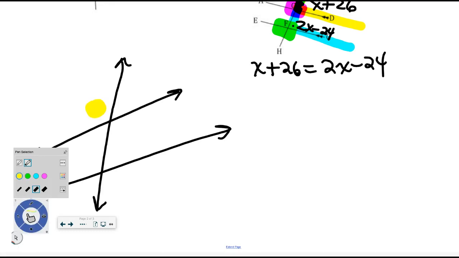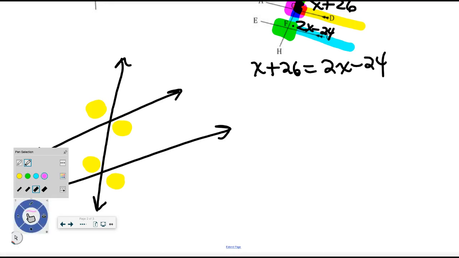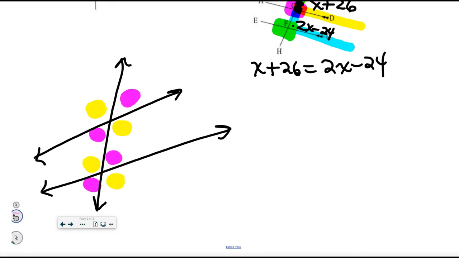I said, go like this, head across, and we did it with a highlighter. Those yellow dots are all equal. If one of them's 70, the other one's 70. And I used 2 different highlighters on his worksheet, the purple are equal.